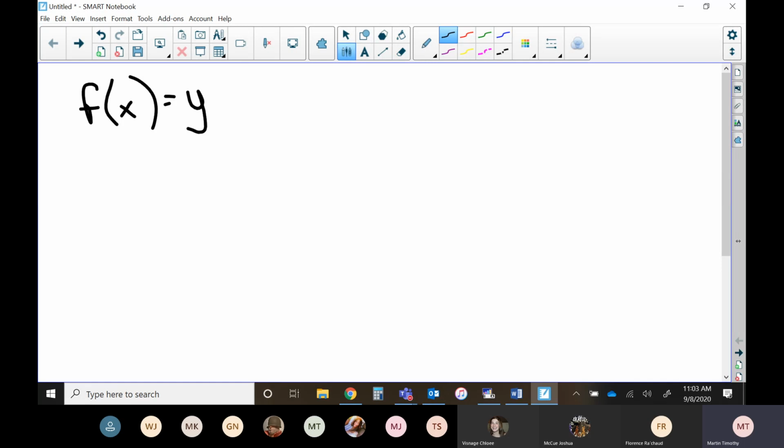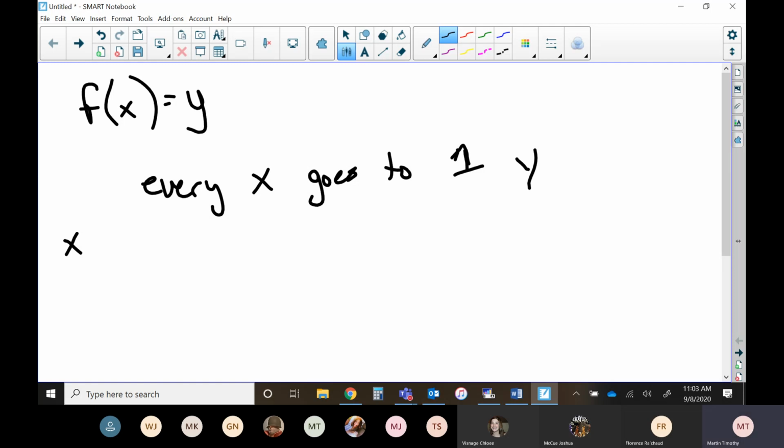There's a couple reasons why f of x is better. First off, when I say it's a function, it means every x goes to 1 y and only 1 y.